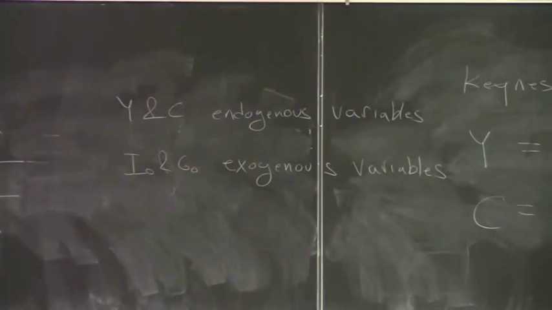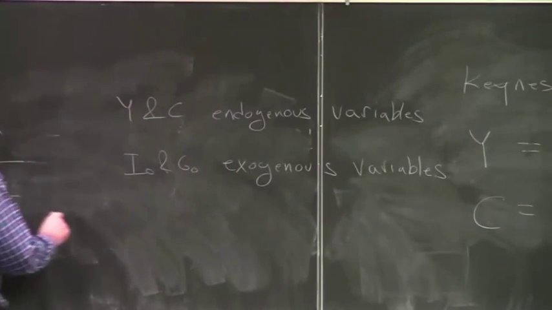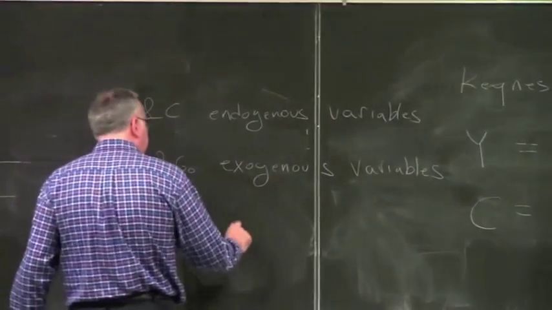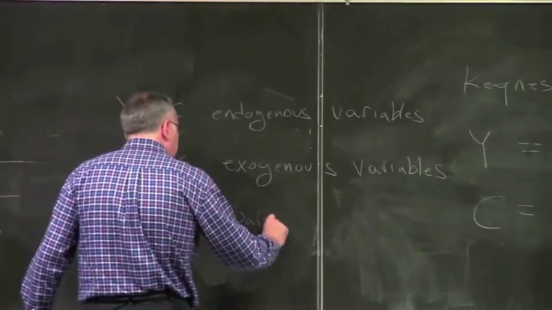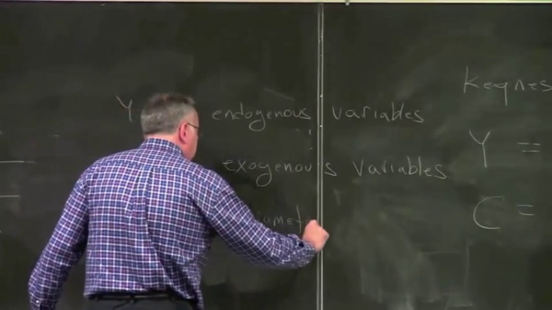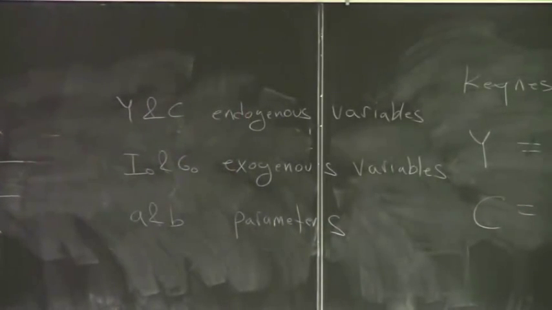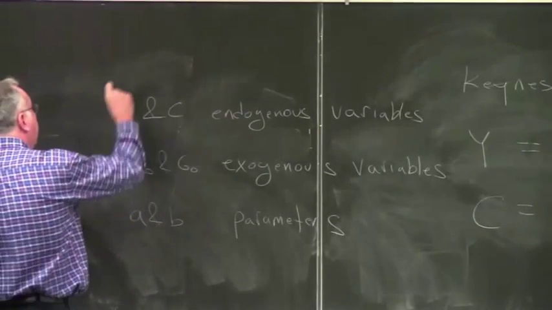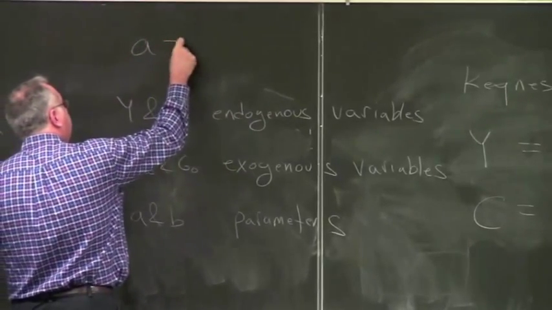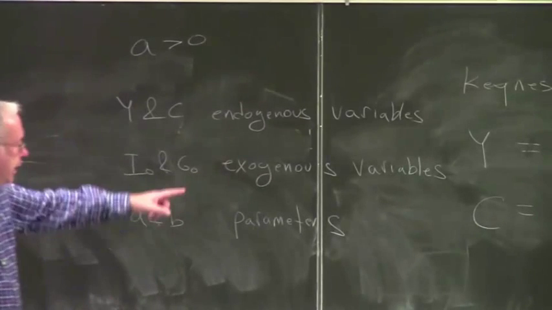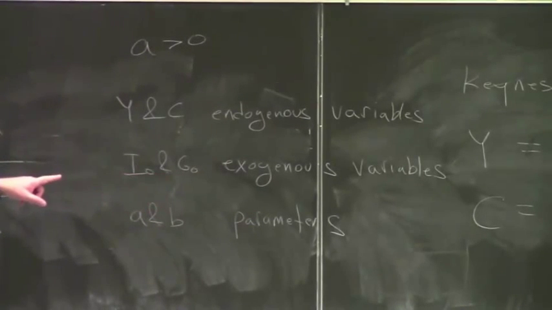And there are two parameters, A and B. A and B are parameters. Look at this equation. This parameter A is generally assumed to be positive. It is the intercept of the consumption function.